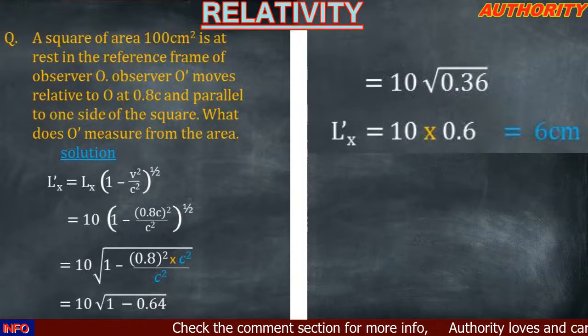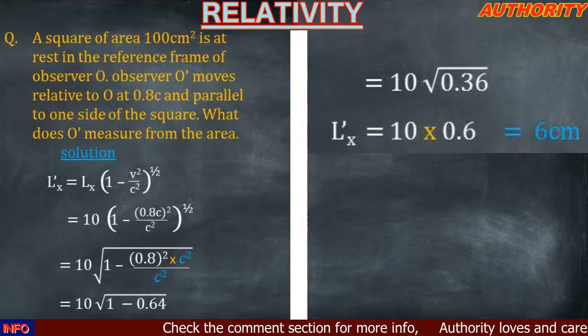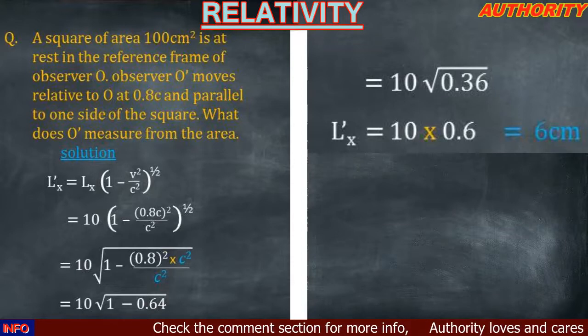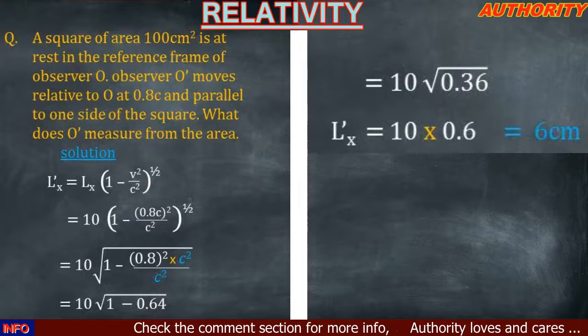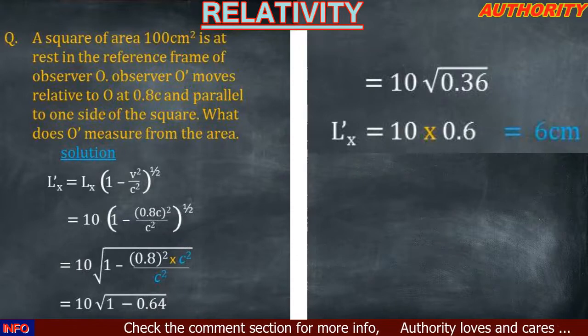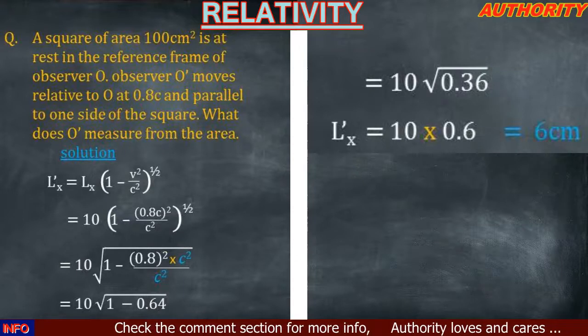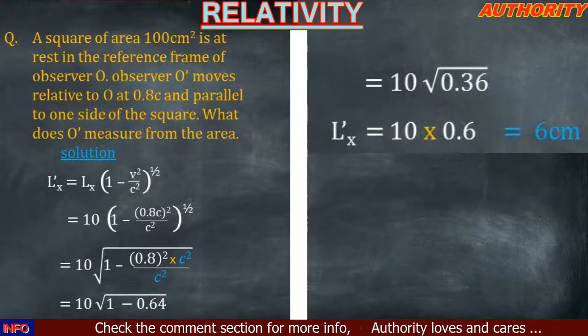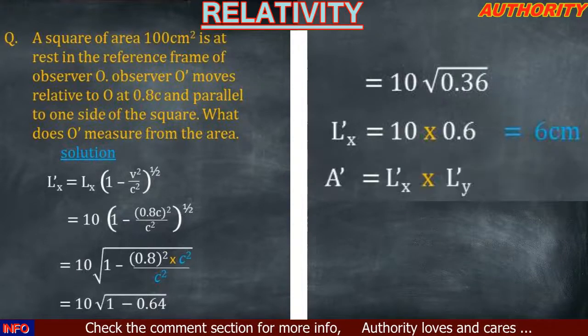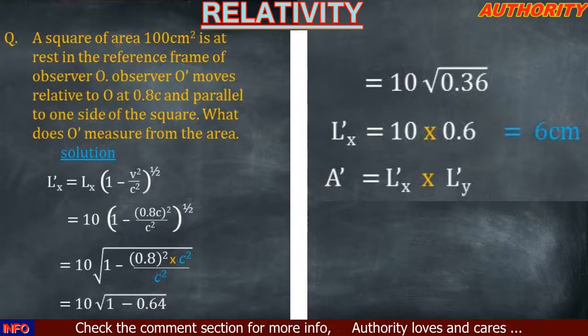It is parallel to one side. That means he is going to only see one side. So the side that he measured, that he sees and he measured, is given as 6 cm. So now the area measured by the observer in motion is going to give you, now let's call it A prime, right? Good.